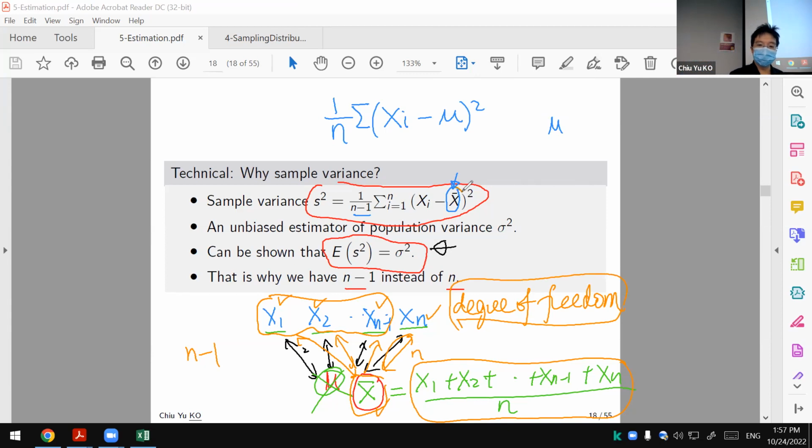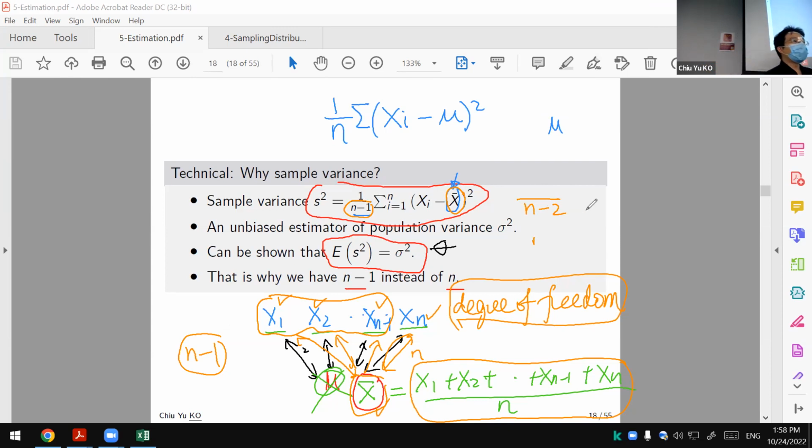It turns out to be because this is a random variable, and its variation is less. So that's why it's n-1. This degree of freedom is actually a pretty useful concept, because later you will see, when we try to estimate variance, the denominator is n-1, and in general n-2, n-3, n-4, n-5.